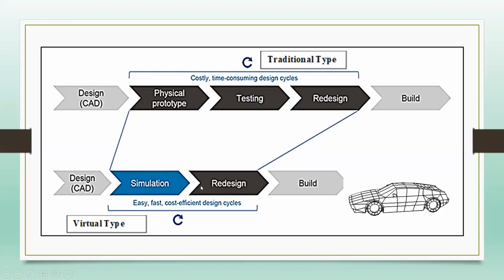Required changes can be made at every stage, and simulation is done. Finally, if any changes are required, you can go for redesign. So here it is easy, fast, cost-efficient design cycles. But in the traditional case, it is costly, time-consuming design cycles. Here with less time, we can go for building the actual product itself. That's how the virtual type is more advantageous compared to the traditional type.